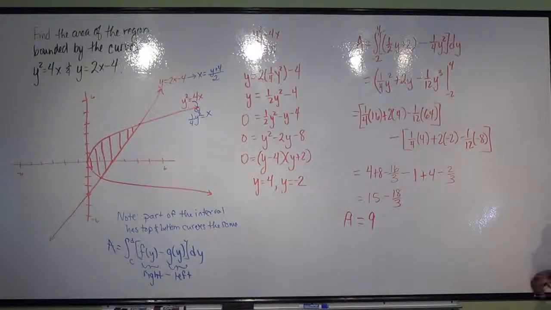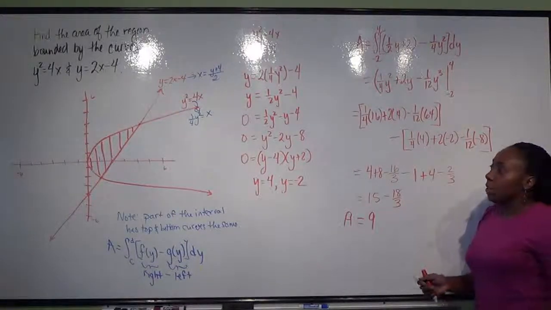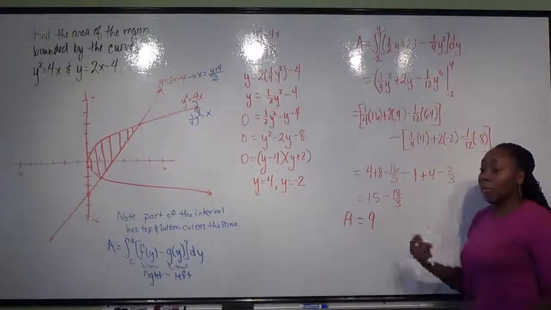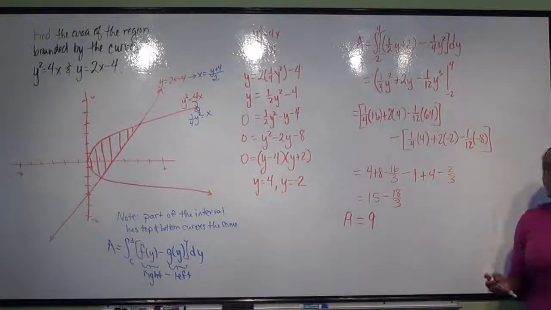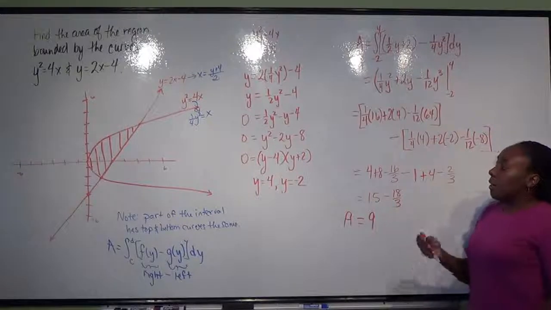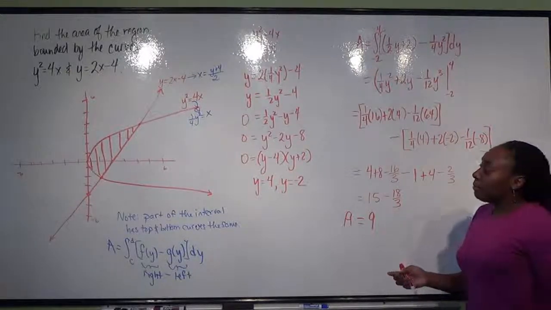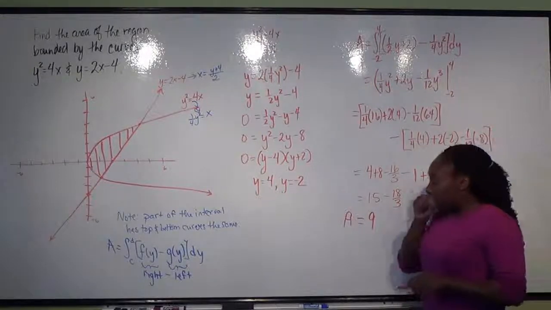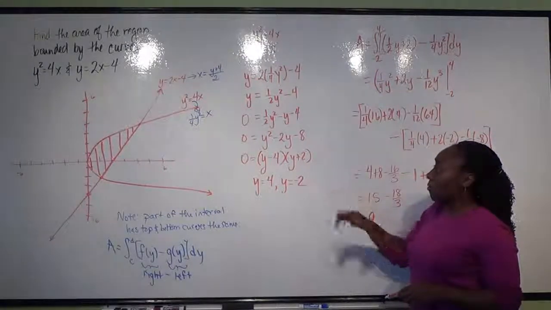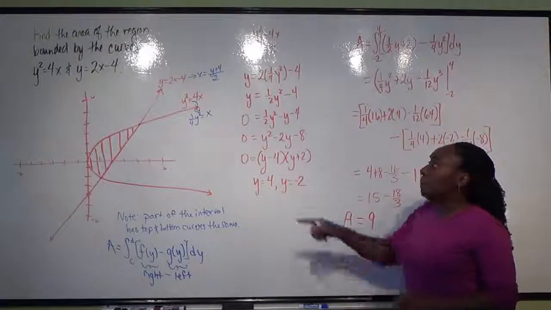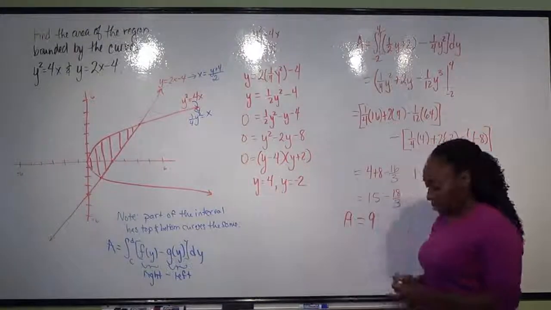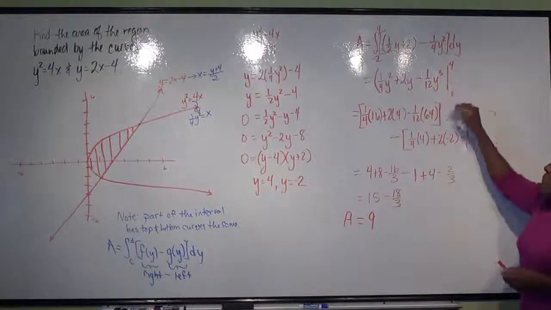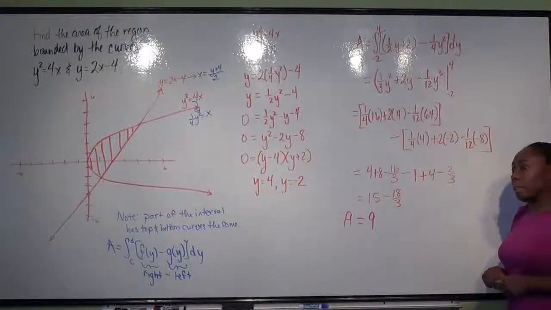Okay. So for these area problems, it doesn't matter whether my function is in terms of x or in terms of y. If it's in terms of y, you just have to adjust it a little bit. So you'll have to solve for your limits in terms of y, but you also have to solve for your functions in terms of y, and then set up your integral accordingly.